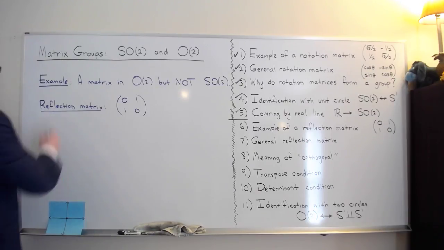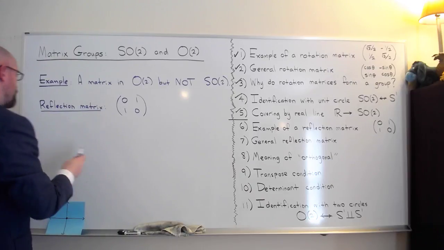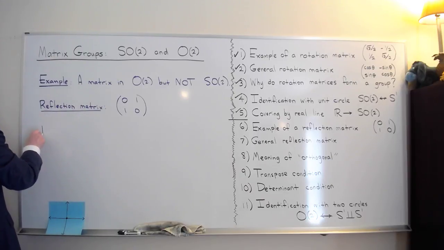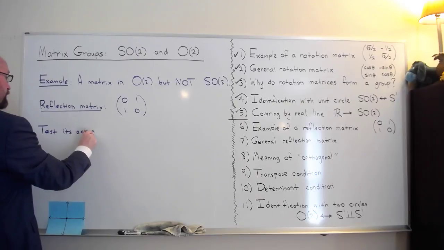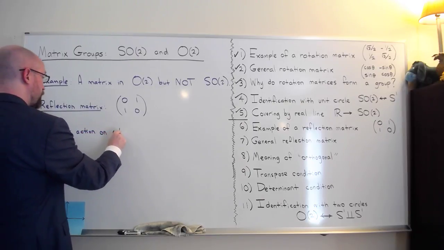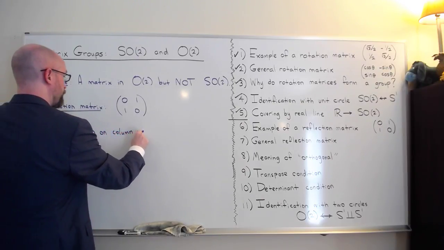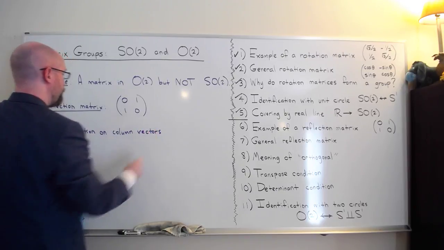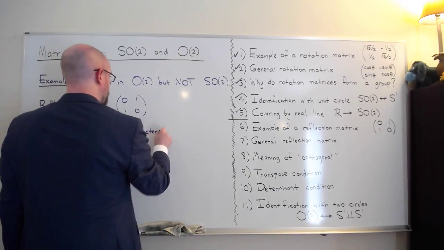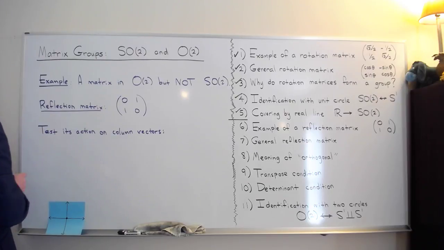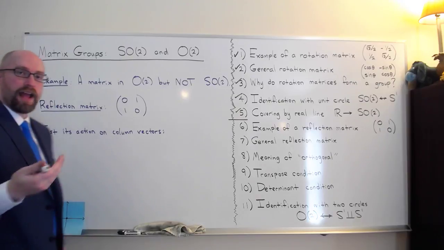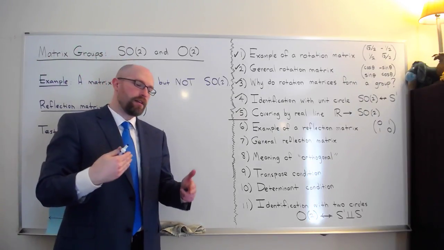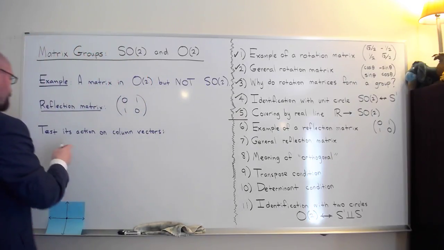Okay, so why am I calling this a reflection matrix? So let's test its action on column vectors. And here I'm going to use a general column vector (A, B) because it's easy enough to see even with a general column vector exactly what's happening.